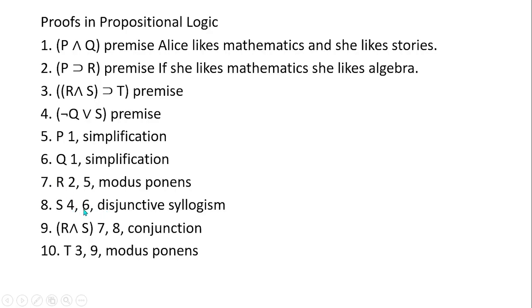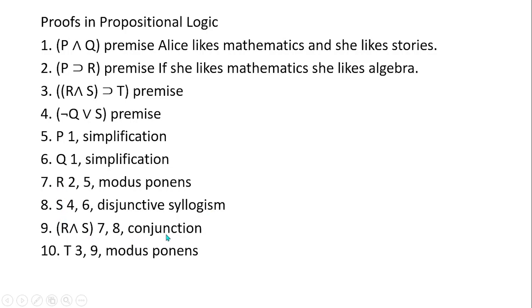Next, from 4 and 6. If we see 4 and 6, I told you that if we are having not Q or S, and Q, and not Q is already given, so S is true by using disjunctive resolution. Then we are having R, S, both are true.